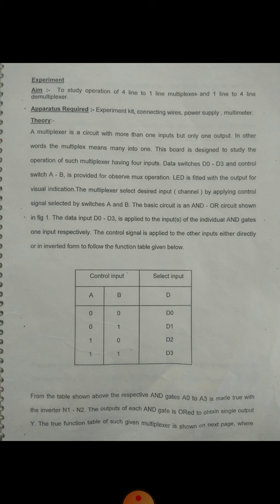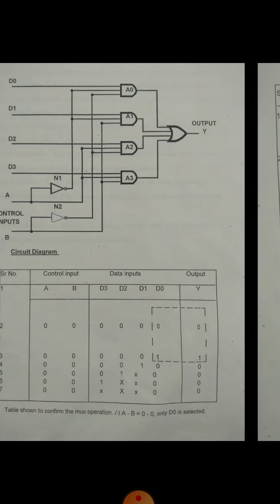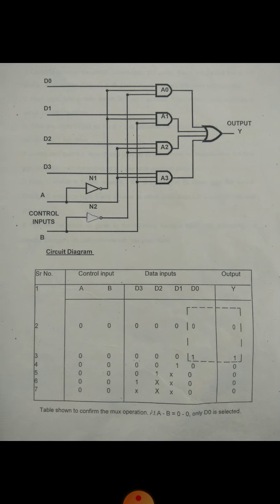Switches A and B are used for feeding the control input, and the basic circuit is an AND OR circuit. That we will implement in Proteus, because if you see the circuit, a 3 input AND gate is used, and a 4 input OR gate is used.